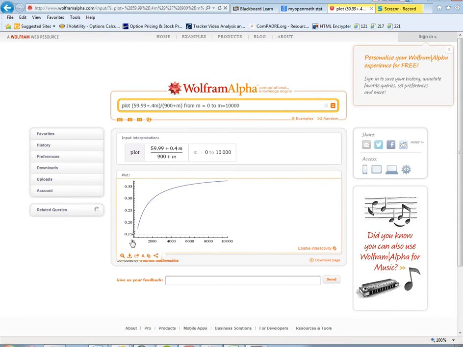And there it is. So we can see that as we use a small number of minutes, our average price is really low, but as you use more and more overage minutes, your average is getting closer to that overage charge. And so that's kind of what we see here. Our horizontal asymptote is right above here, and our vertical asymptote is back here, kind of the way we sketched it.